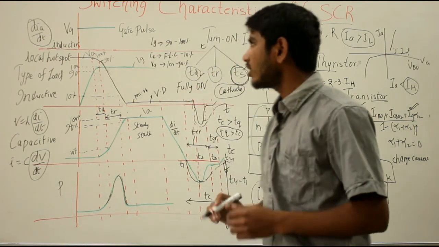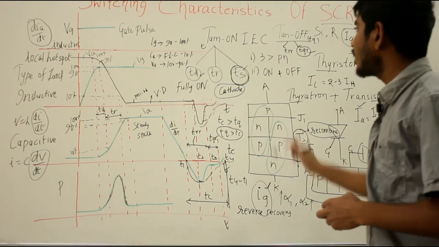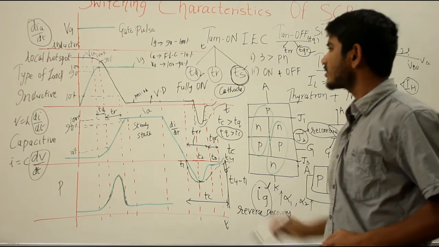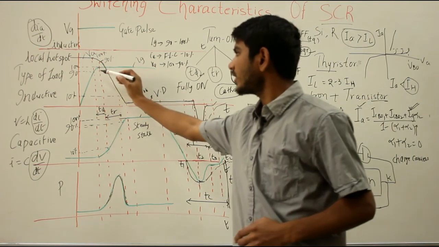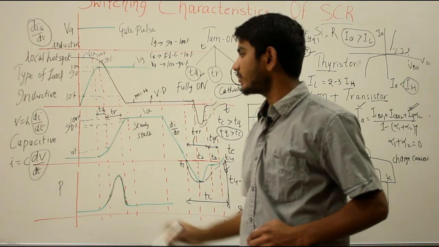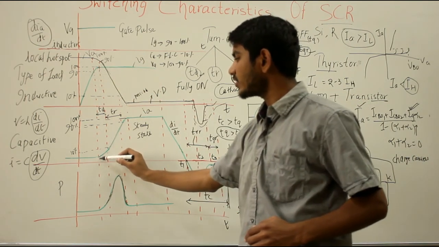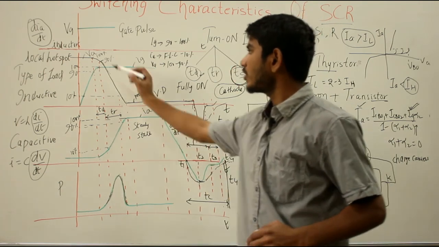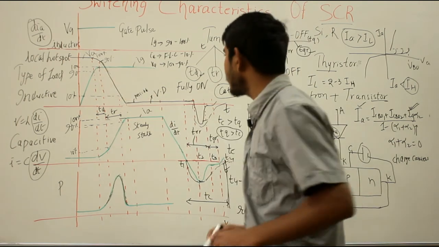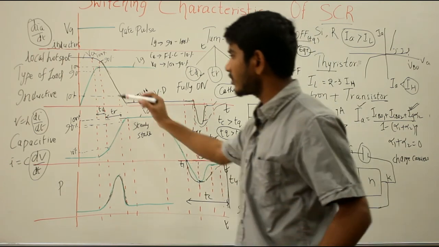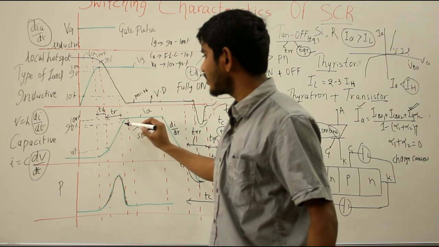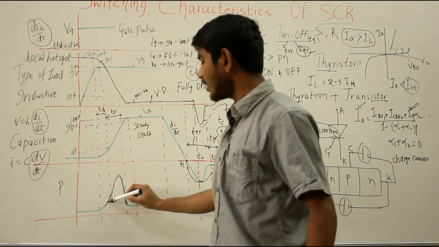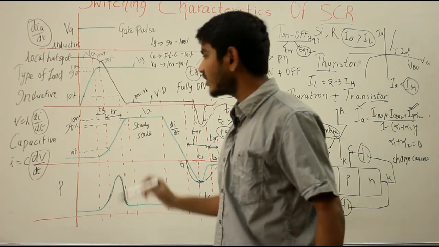So summarizing all about the switching characteristics, the turn on time is TD, TR, TS. TD, the delay time, where the gate current moves from 90% to 100%, anode current moves from forward leakage current to 10%, and the anode voltage falls from 100% to 90%. Rise time is from 90% to 10% anode voltage, 10% to 90% anode current, and there will be a large power loss witnessed in the rise time.